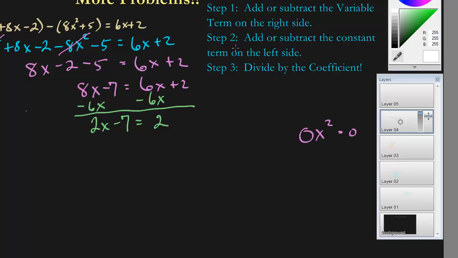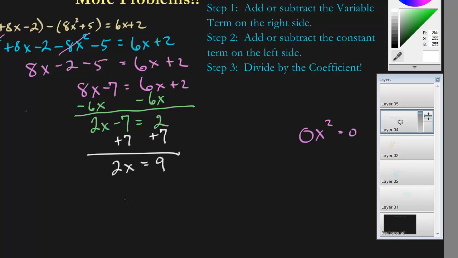All right. Next, I'm going to add or subtract the constant term on the left side. That would be the minus 7. So I'm going to add 7 to both sides.